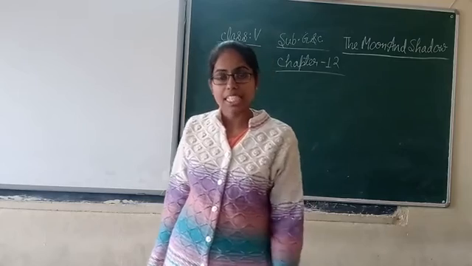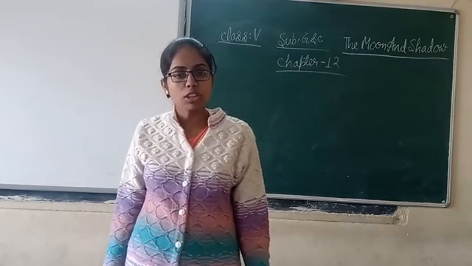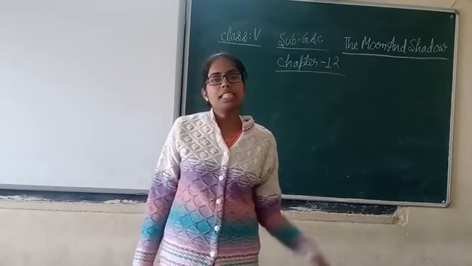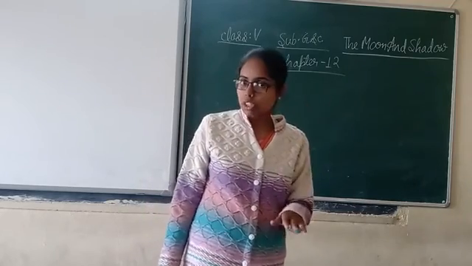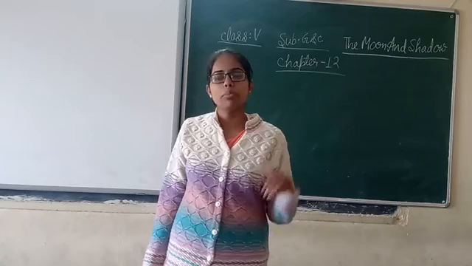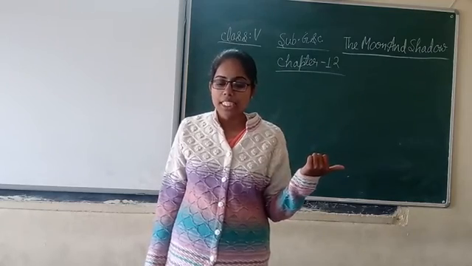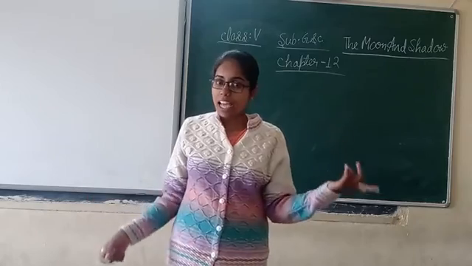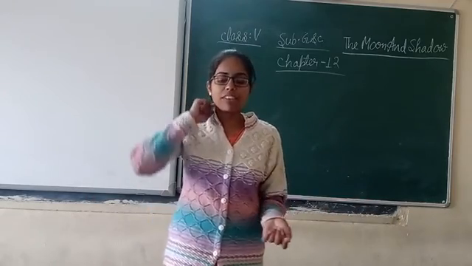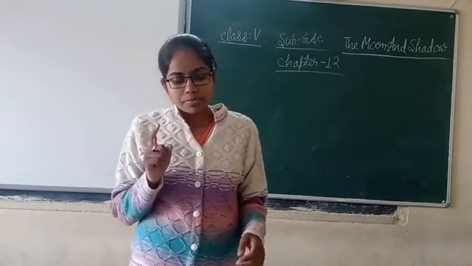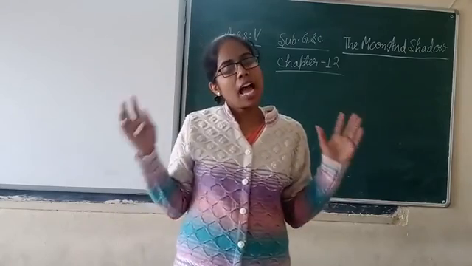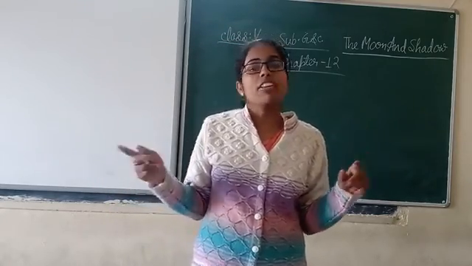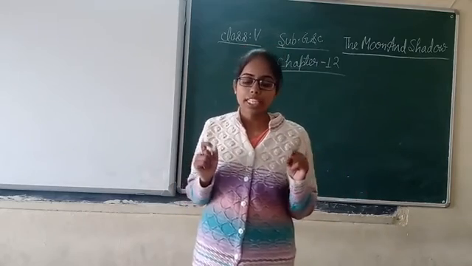The earth's gravity acts on the moon and the moon's gravity acts on the earth, and the earth is bigger in size. In the last chapter 11, we studied that the body which is bigger will have more gravity.